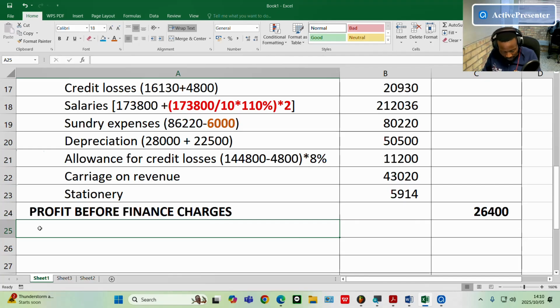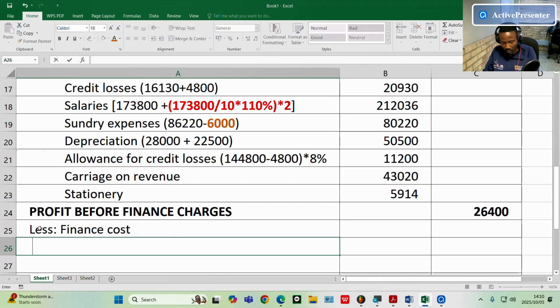So I'll have to less the finance costs. Remember here it could be interest on overdraft, it could be interest on loan, interest on bond. Any interest that is charged as an expense is considered finance cost.